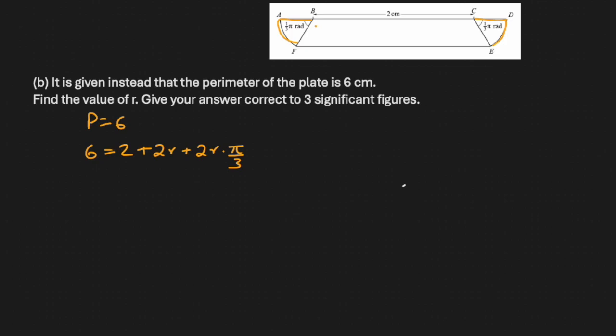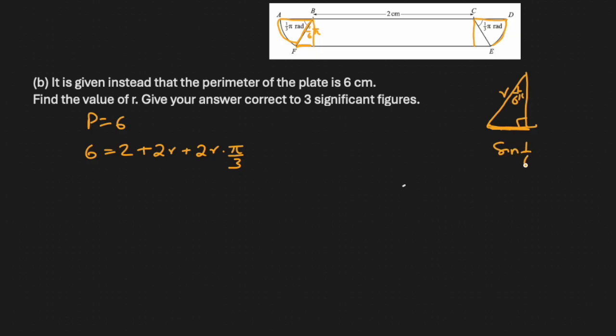So done. Now again I have to find these two. So this length, since this is 1 over 3 pi, this is 1 over 6 pi. So let me redo the same thing again. If this is 1 over 6 pi and this is a radius, what will be the length here? So it will be sine theta again.